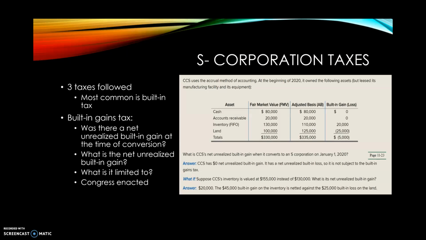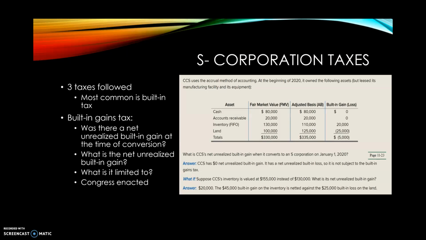For the built-in gains tax, it was enacted by Congress to ensure C corporations do not avoid corporate taxes on sales of appreciated property by electing into S corporation status.